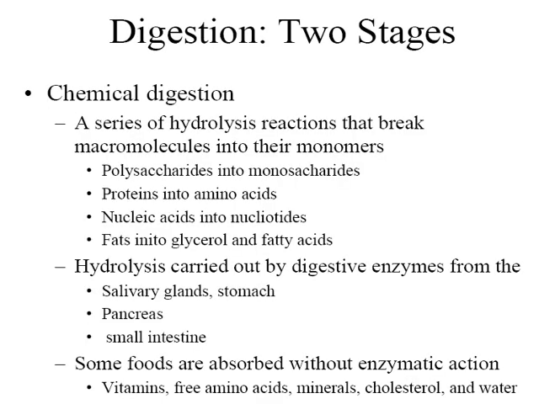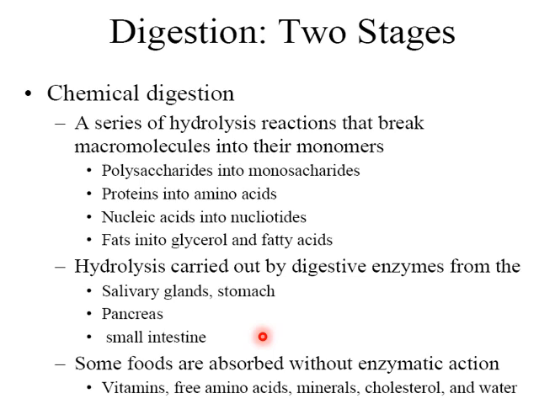And then you have chemical digestion, by which a series of reactions occur: hydrolysis, the breakdown of macromolecules into their monomers. The hydrolysis is carried out by digestive enzymes, for example salivary enzymes, and enzymes coming from the pancreas and the small intestine.